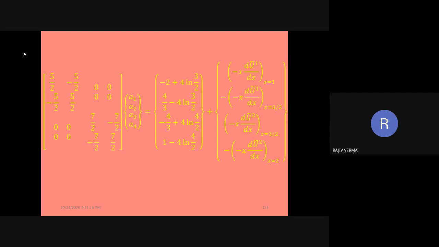And similarly, there are some terms representing the loading, that is the first term on the right, and some terms representing the flux, that is the second term on the right hand side.